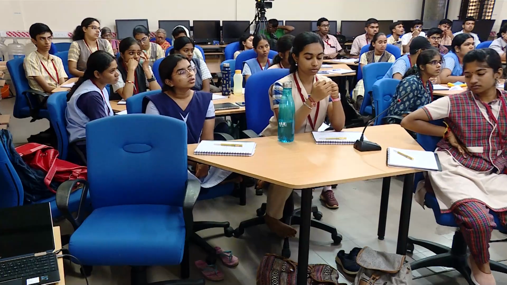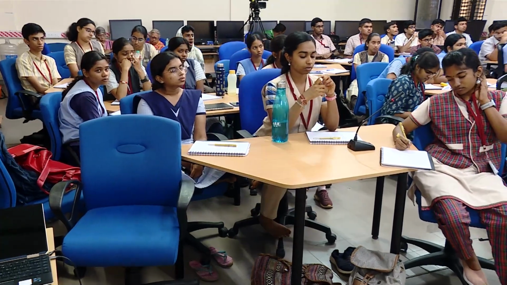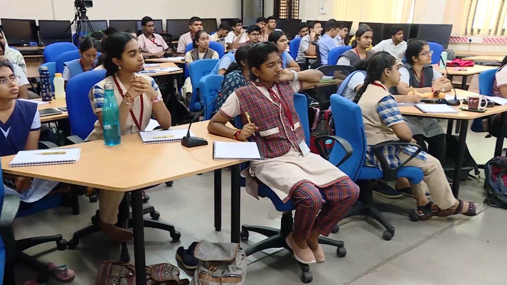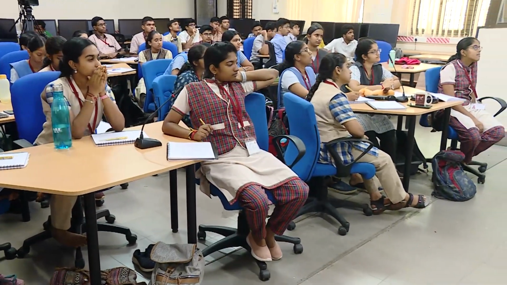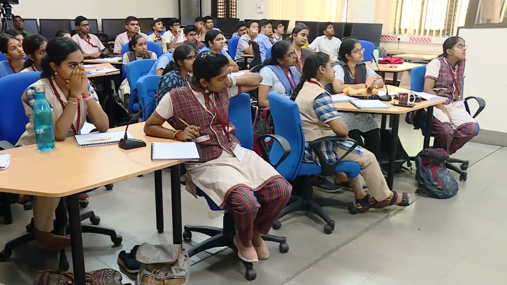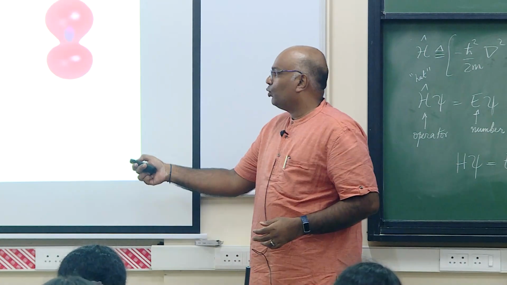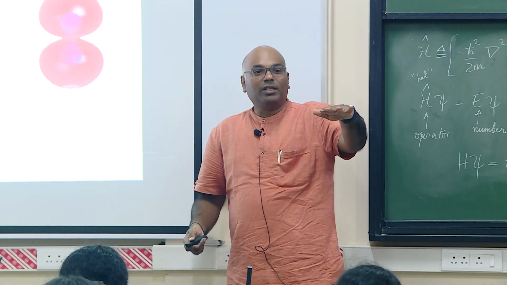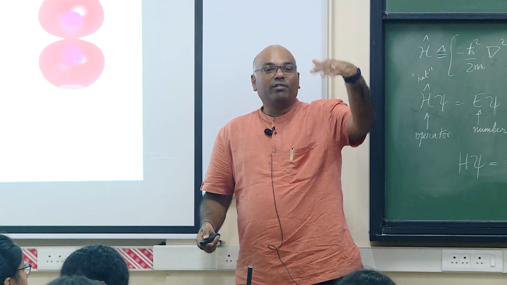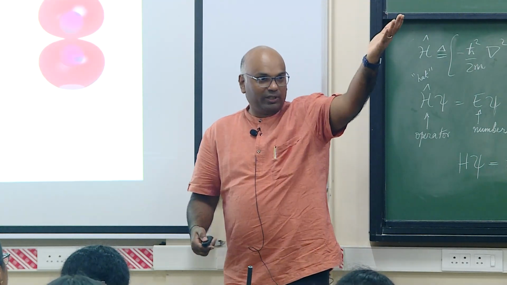Open up a handbook of physics and chemistry, look into Wikipedia, go into the NIST database, find out. The database will tell you that this level 1s is minus 13.6 eV. Why minus 13.6 eV? If you give this electron 13.6 eV, it will become free. That's the energy with which it's bound. 2p electron is minus 3.6 eV. If you give it 3.6 eV, it will come out of the atom.